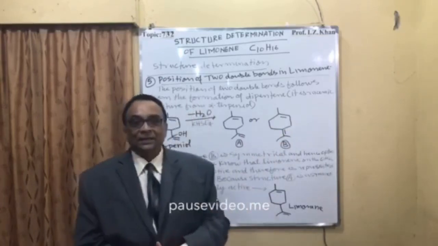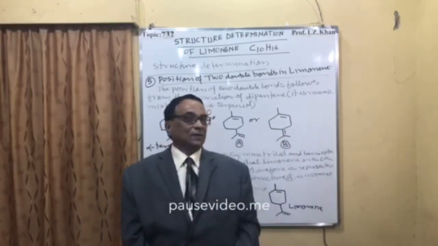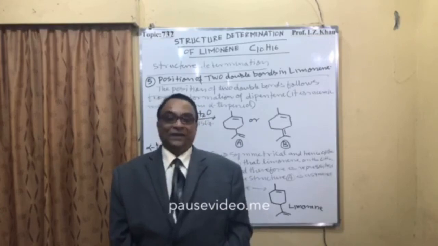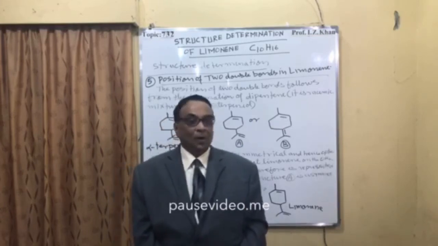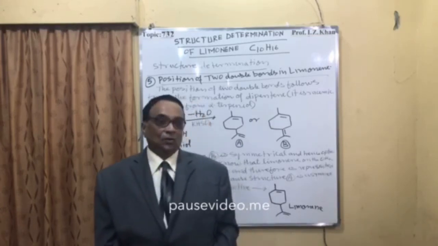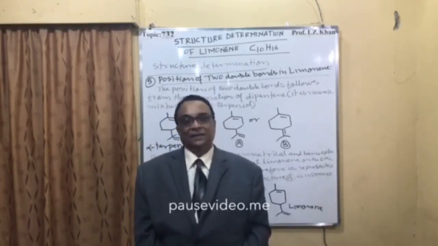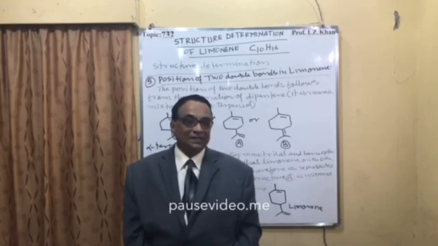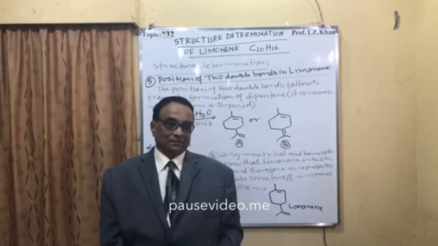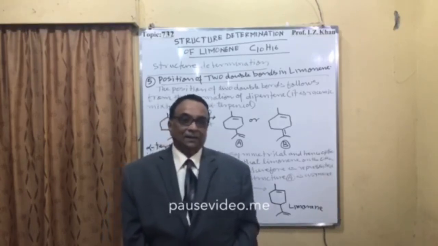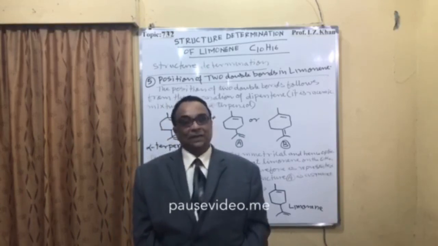Here, optical isomerism plays a very important role in fixing these 2 double bonds, because we know limonene is optically active, and for optical activity, a compound must have an asymmetric carbon atom. There should not be symmetry, so the molecule itself should be asymmetrical.